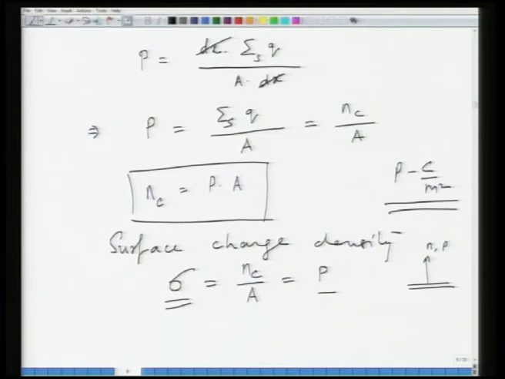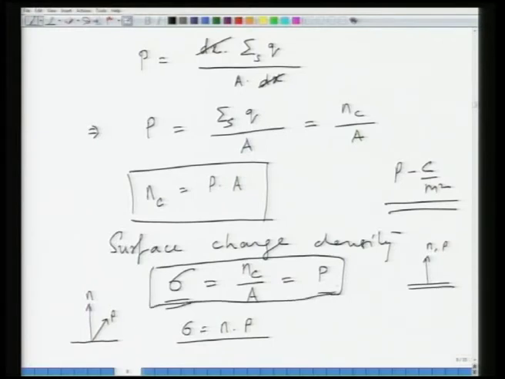However, if your surface was this, and surface normal was this, and P was that, then sigma would be n dot P, where n is the outward pointing vector normal to the surface of a polarized material. So, the key concept we have established is that the polarization of a material is nothing but surface charge.